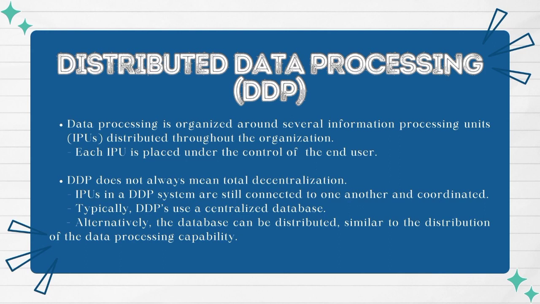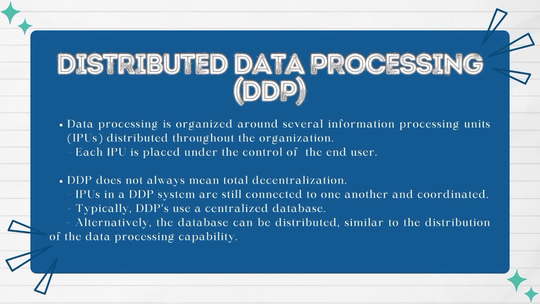Here, the information processing units in a distributed data processing system are still connected to one another and coordinated. Typically, distributed data processing uses a centralized database. Alternatively, the database can be distributed similar to the distribution of the data processing capability.